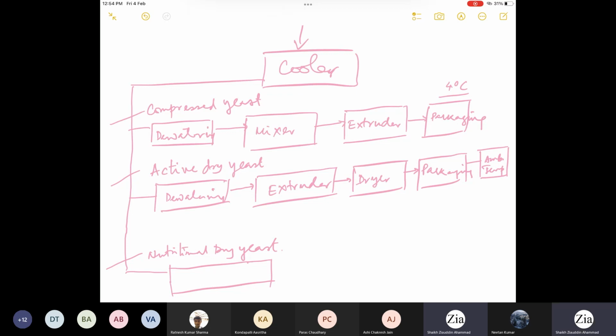Here you can kill the organism, but obviously you have to make sure that the killing does not happen at a very high temperature, because high temperature will also damage the other nutritional elements. Different vitamins and other biomolecules will get damaged if you raise the temperature to a very high level. So essentially, we just increase the temperature above 80 degrees. It is one kind of pasteurization only. So it is a pasteurizer.